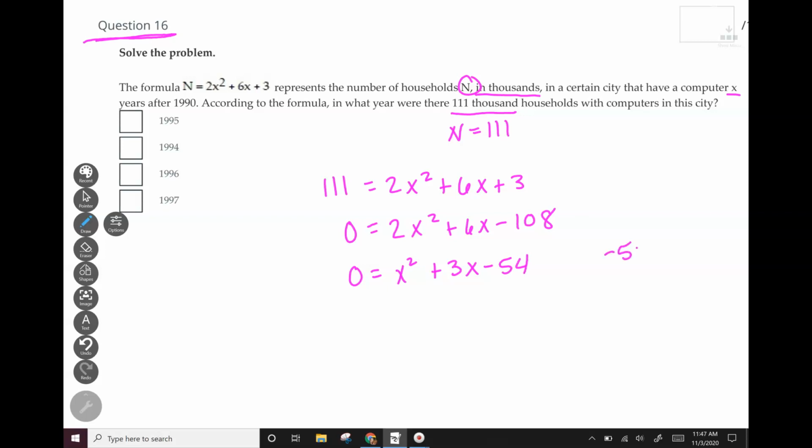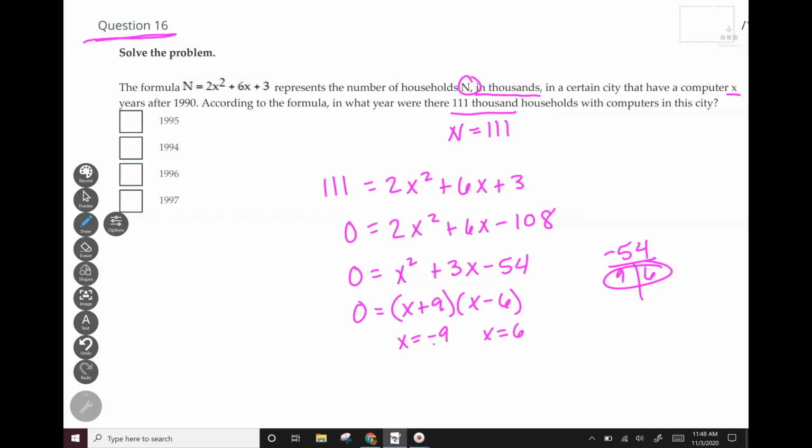So negative 54, looking for two numbers that add to 3 and multiply to negative 54. So let's see, I'm thinking 9 and 6. Yes, that will work. So the 6 is going to be negative. So x plus 9, x minus 6. And then setting each one equal to 0, solving for x gives me x equals negative 9 and x equals 6.